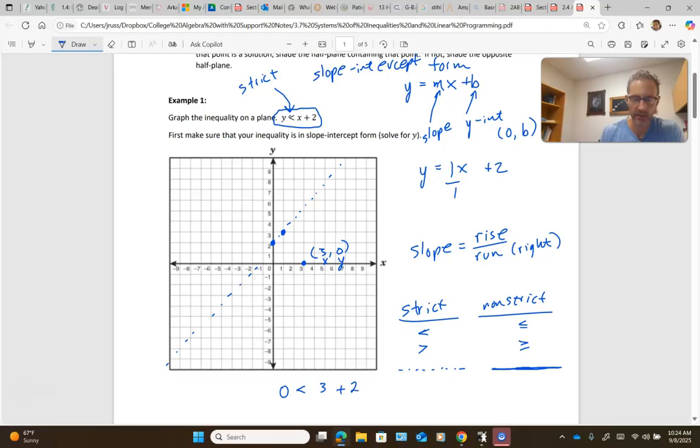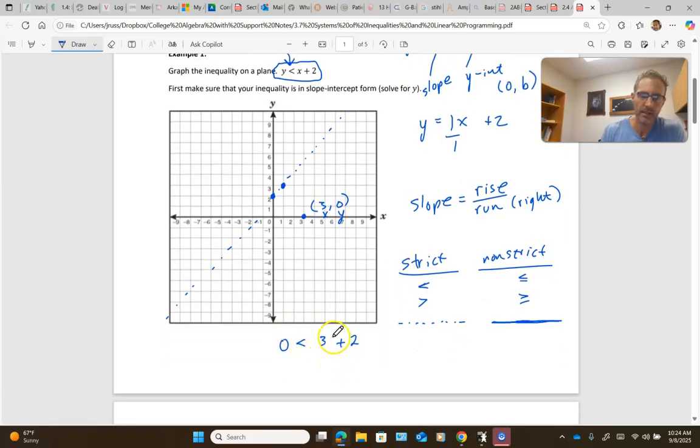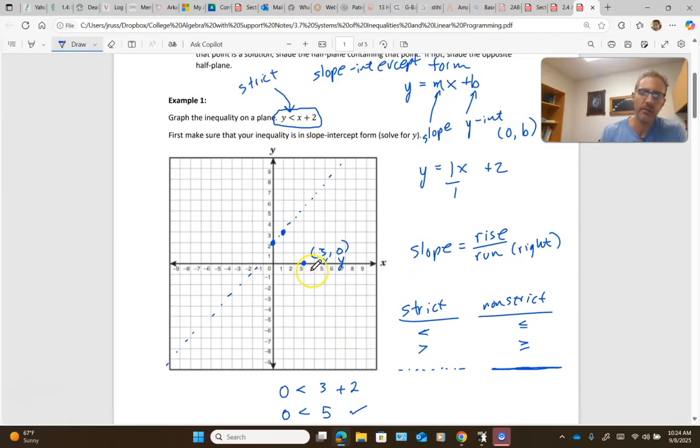Just recopy everything else, and let's see what type of statement this is. 3 plus 2 is 5. So this says that 0 is less than 5, and that's a true statement. Because that's a true statement, that means this point, which is representative of all the points in this lower region, is the solution region.